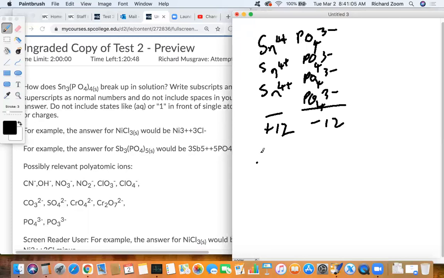So when I'm writing it out, it would be 3 Sn 4 plus, 4 PO4 3 minus would be the answer there. Does anybody have any questions so far?